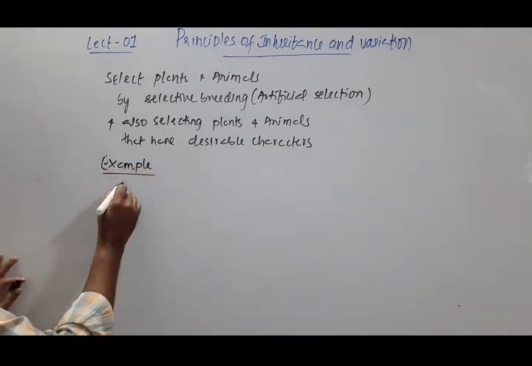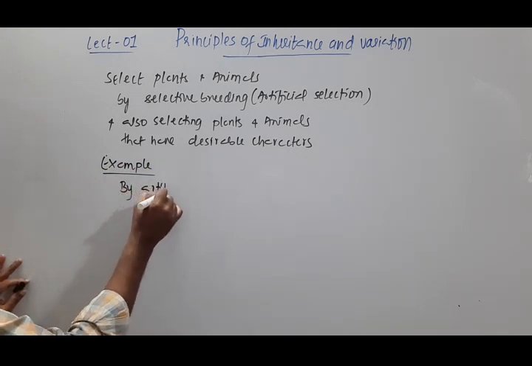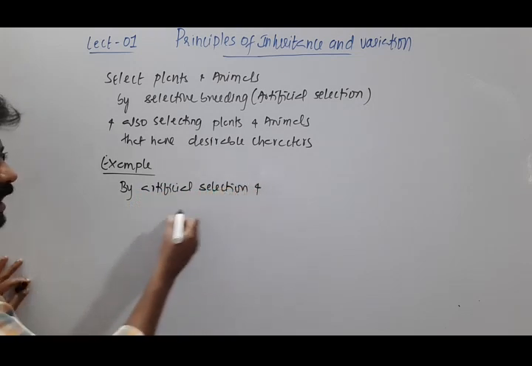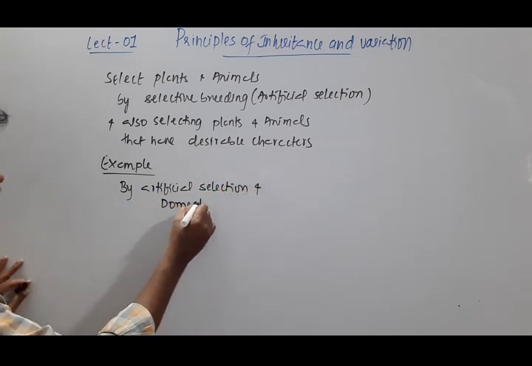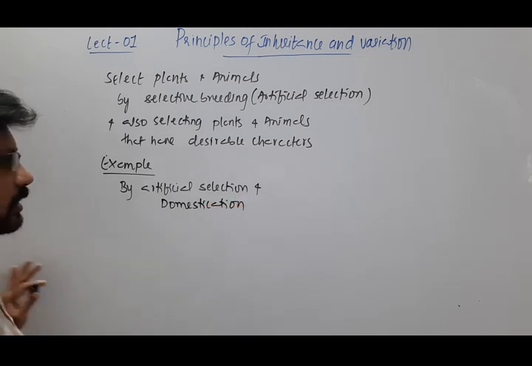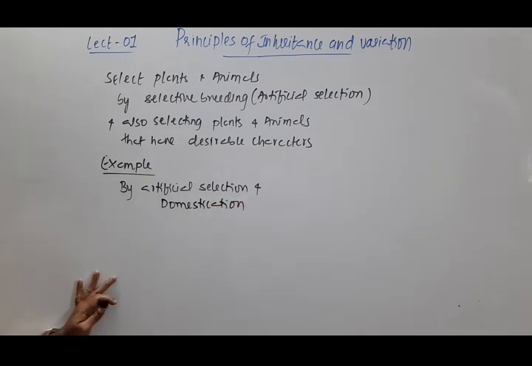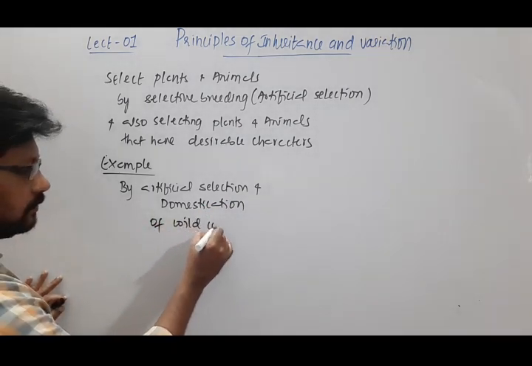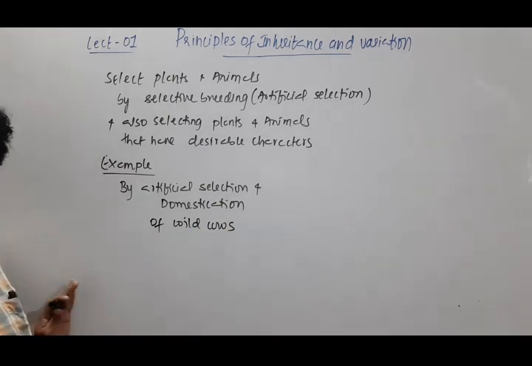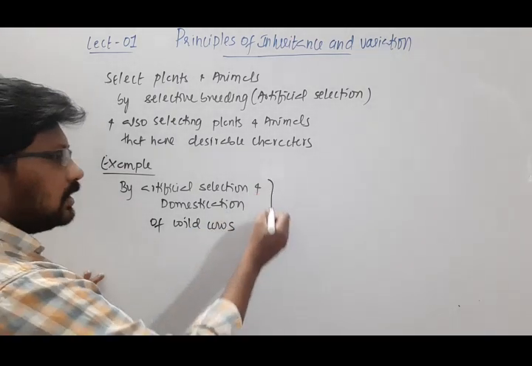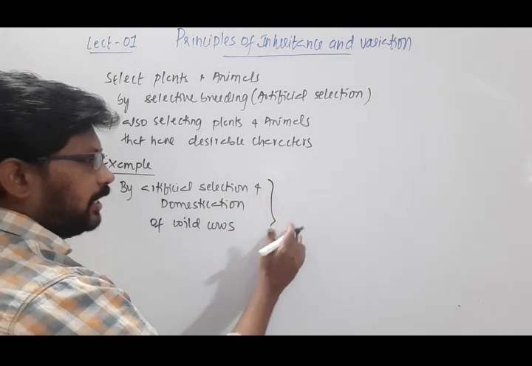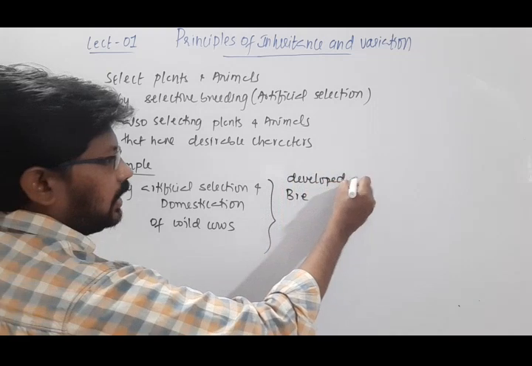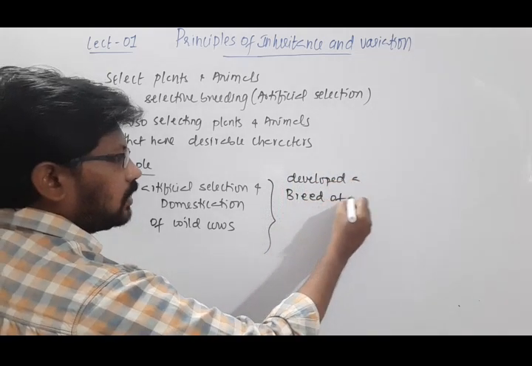So, artificial selection and domestication of wild cows. By artificial selection and domestication of wild cows, we produced a breed of cow.